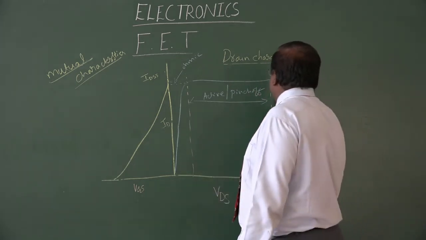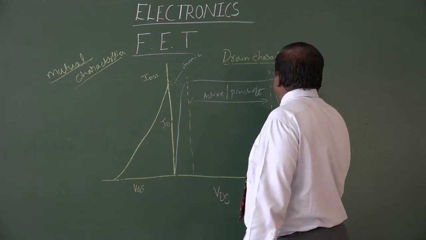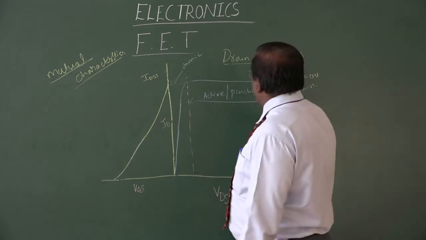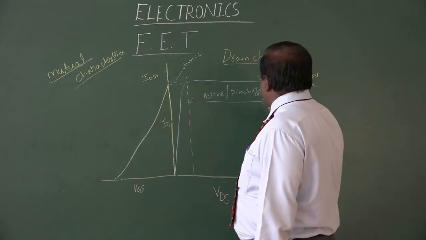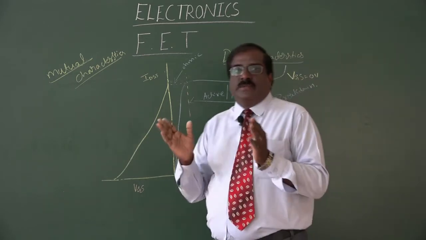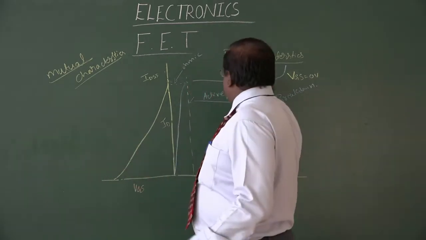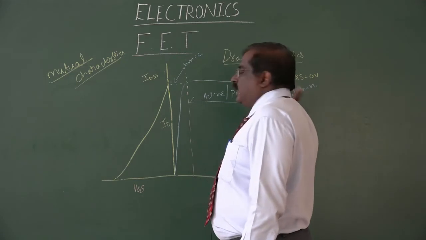This one is breakdown. So the FET should be operated within this range. Beyond this, both the junctions of the depletion region will touch each other and the device will go off. So within this limit we should operate.